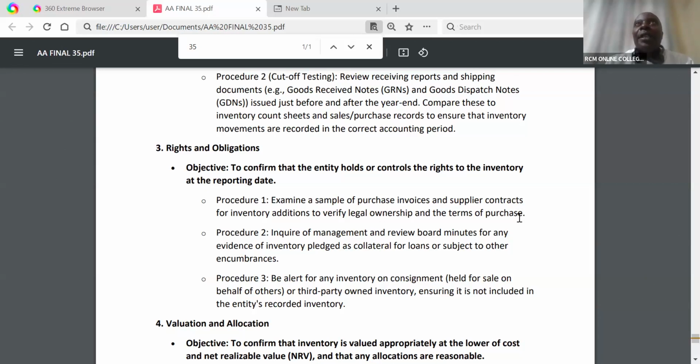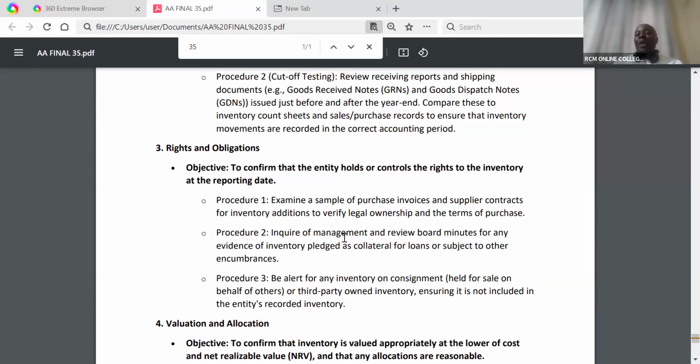We did a purchase order, please, as an auditor, give me this. There are invoices to show that you have paid. If you received them, please give me this. There are also receipts on purchasing, please give me these receipts. So examine this sample of invoices and supplier contracts for inventory.